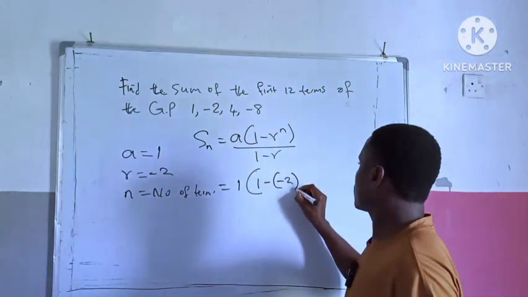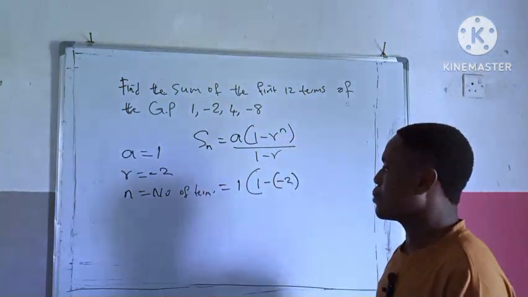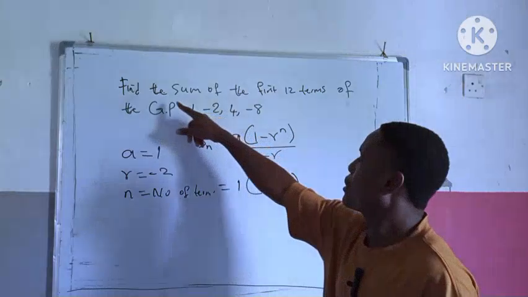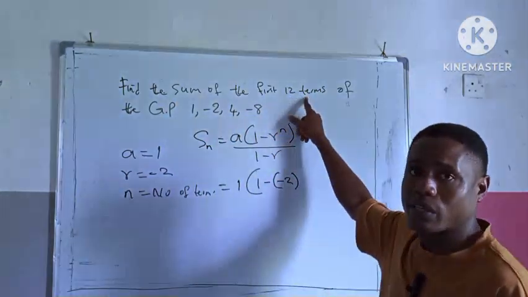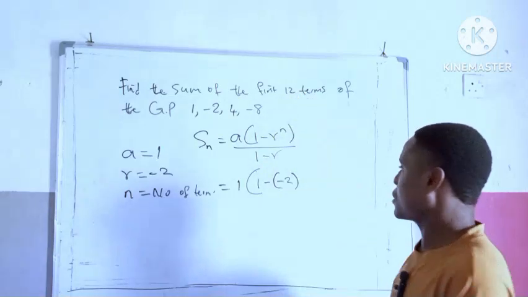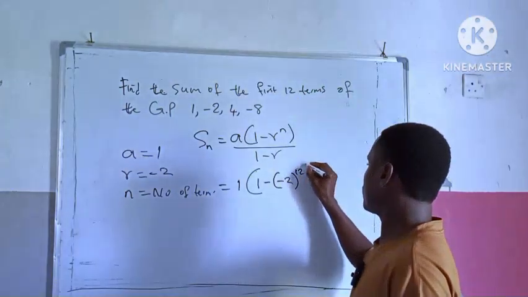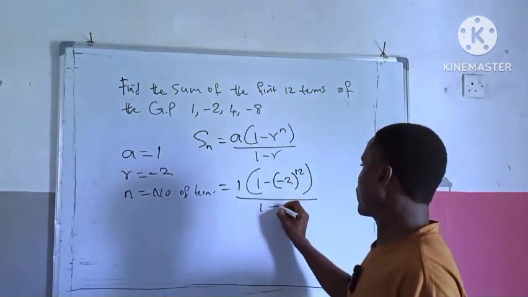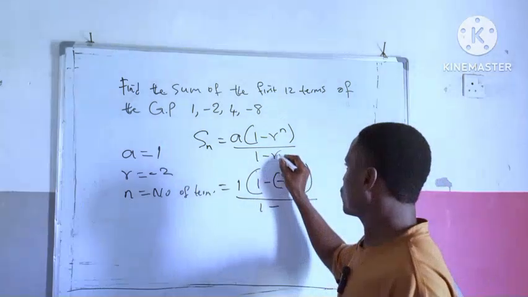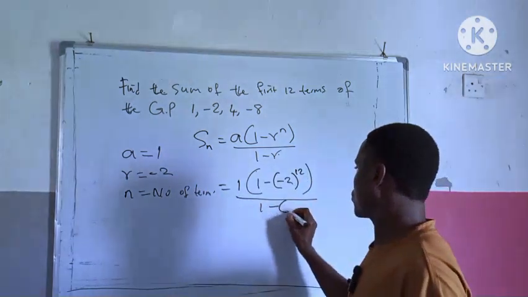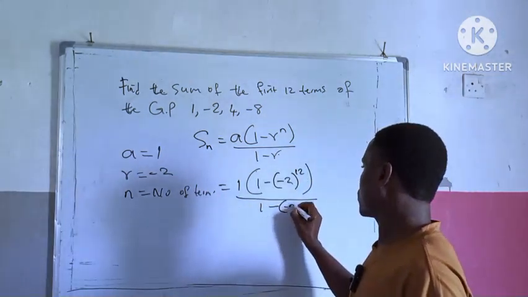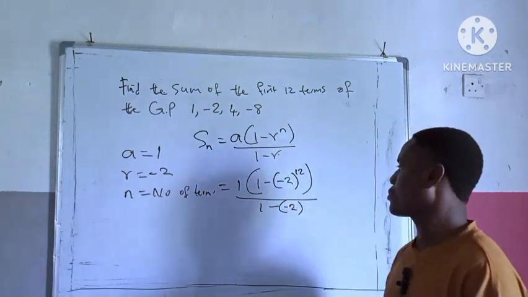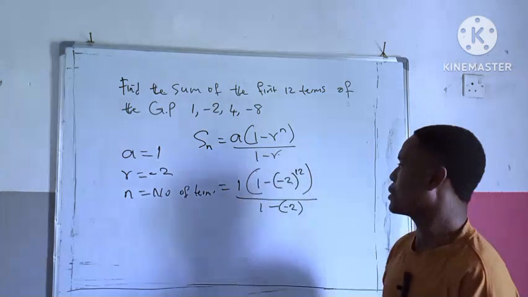Bracket close, raised to power n, the number of terms. The sum of the first 12 terms, so n is 12. Bracket close, all over 1 minus the common ratio, minus minus 2.